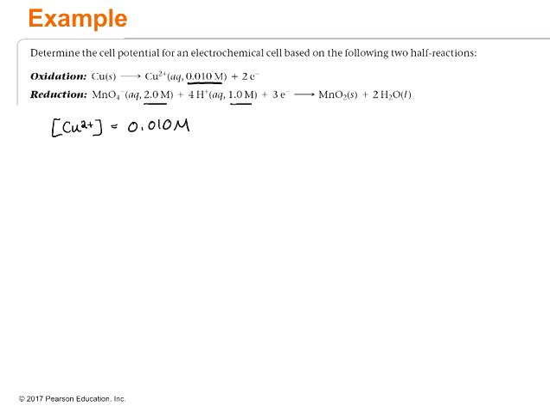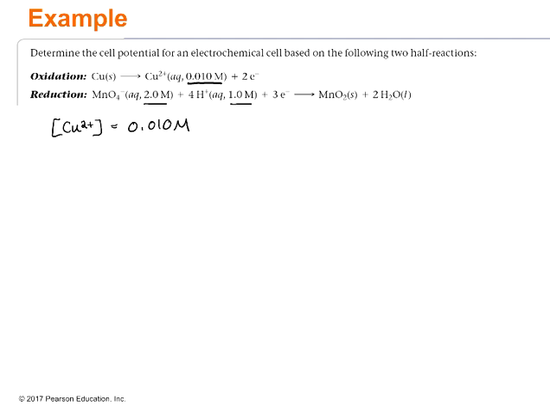And then we're told that the reduction half reaction, we have permanganate plus 4 hydrogen ions plus 3 electrons, and that's going to produce manganese dioxide, or manganese 4 oxide, and 2 water molecules.